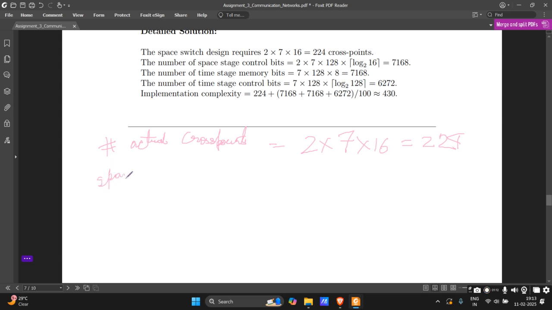Space stage control bit is number of TDM links, which is n. N is 16.